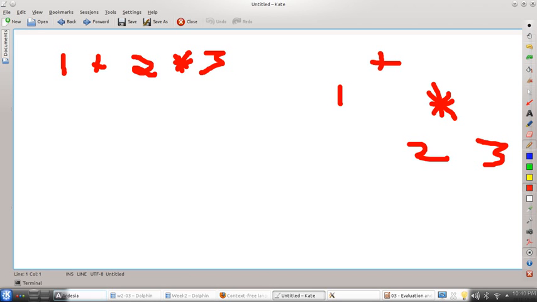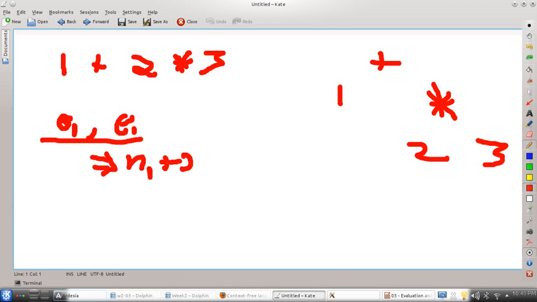And the judgment rule for addition is we need to have evaluated the left-hand side and the right-hand side before we can actually add together the values. So that means we need to recurse.